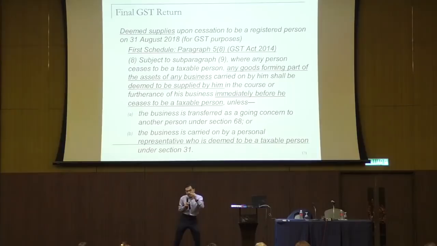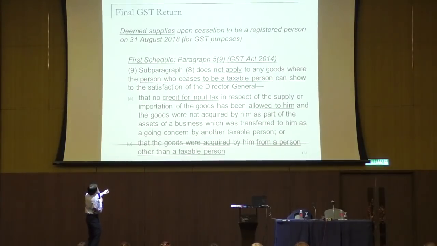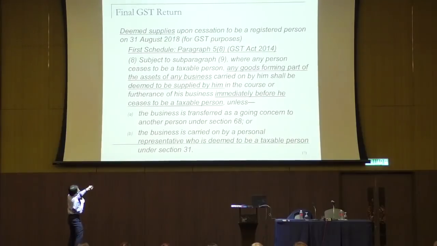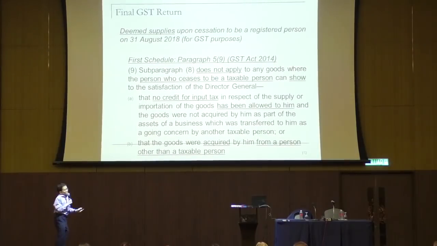Now, however, let me read the full paragraph to you. However, you will say, is it all assets or goods? Take note, subparagraph 9. So this just now is 8. This is 9. 9 says what?